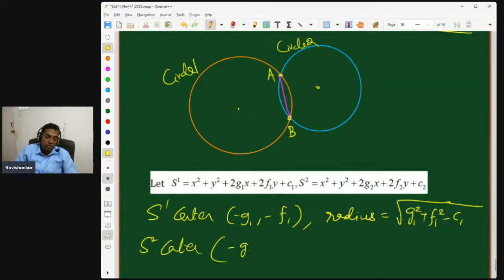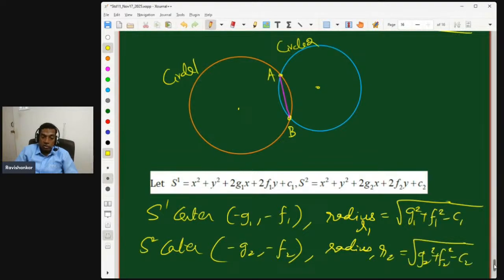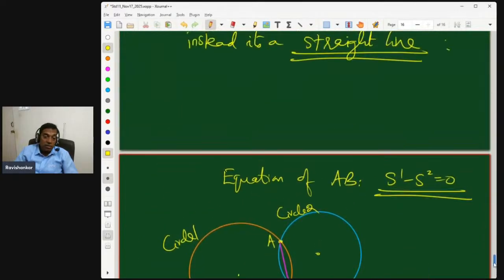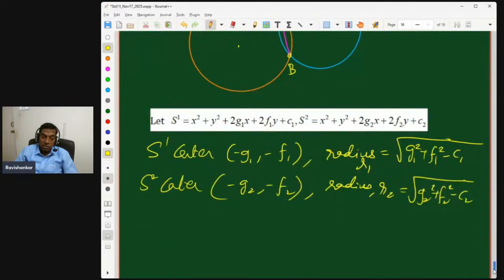S2 center is minus g2, minus f2, and R2 is root of g2 squared plus f2 squared minus c2. The common chord AB is S1 minus S2 equals 0.